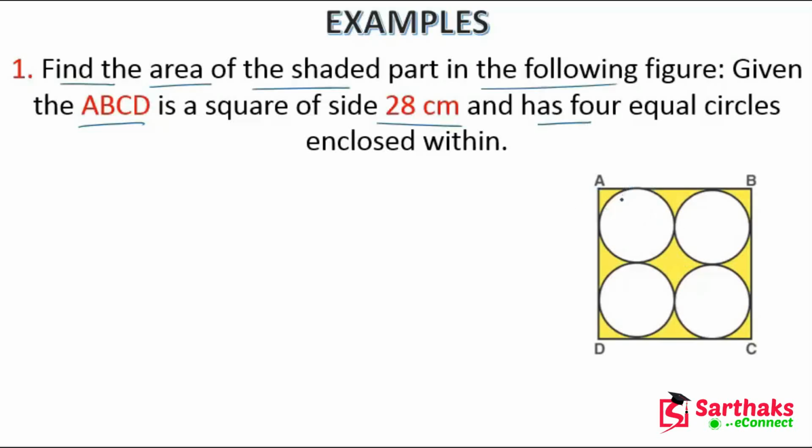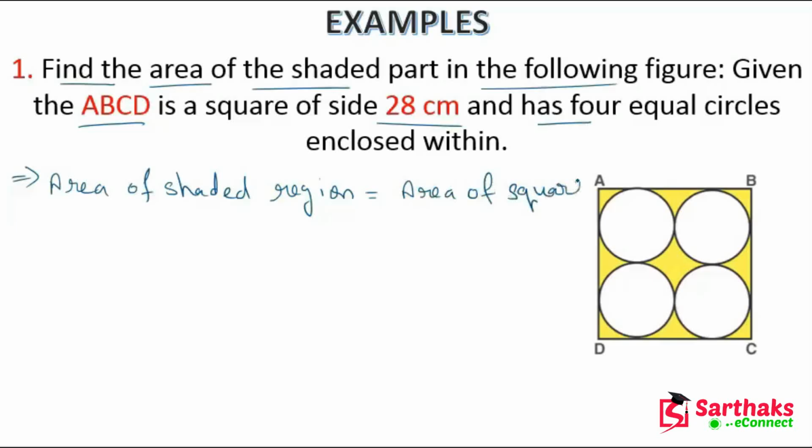So the area of the shaded part is calculated as, we can write it as, area of shaded region is area of square minus area of 4 circles.